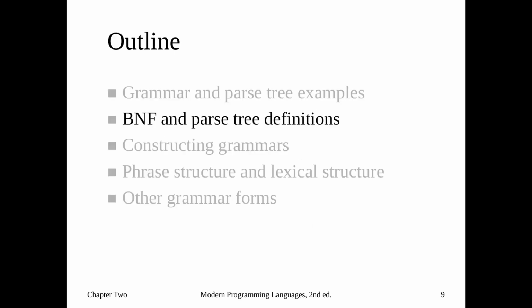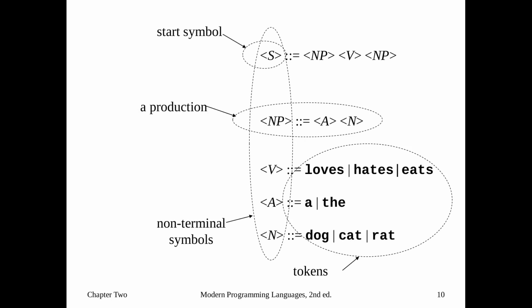Now, for a little bit more definition of that, we'll work with BNF and the parse tree definition. The Backus-Naur form, which was created by John Backus and Peter Naur when they were working on the Algol project, has a significant number of different components. Anything on the left side is what we'll call a non-terminal symbol, right?